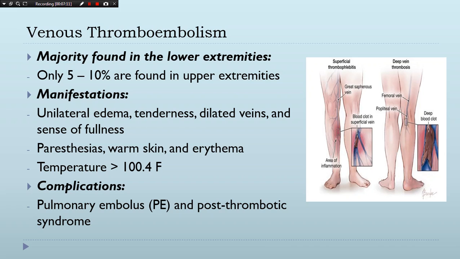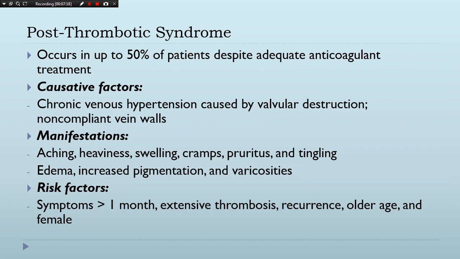Complications of a VTE or deep vein thrombosis are going to be a PE or something known as post-thrombotic syndrome. Post-thrombotic syndrome can occur in up to 50% of patients despite adequate anticoagulant treatment. This can occur months to years after a patient has had a deep vein clot.